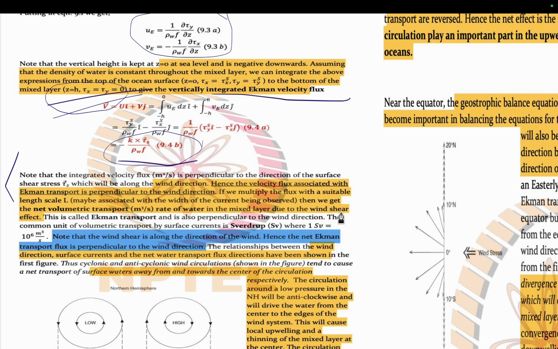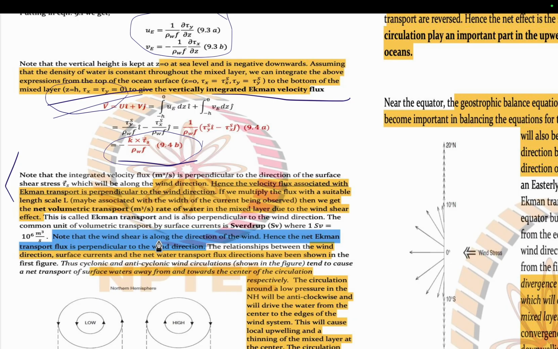Hence, the velocity flux associated with the Ekman transport is perpendicular to the wind direction, and if we multiply the flux with a suitable length scale L, maybe associated with the width of the ocean current that is being observed, then we get a net volumetric transport rate in the mixed layer due to the wind shear effect. This effect is called the Ekman transport and is also perpendicular to the wind direction.